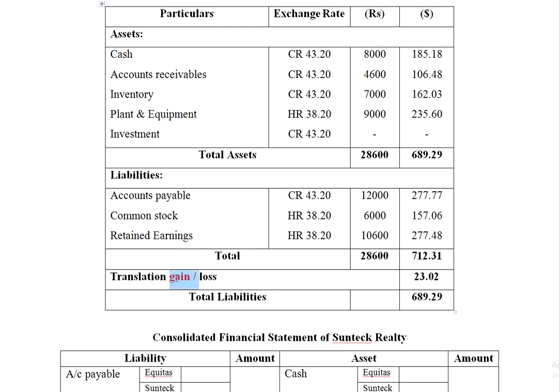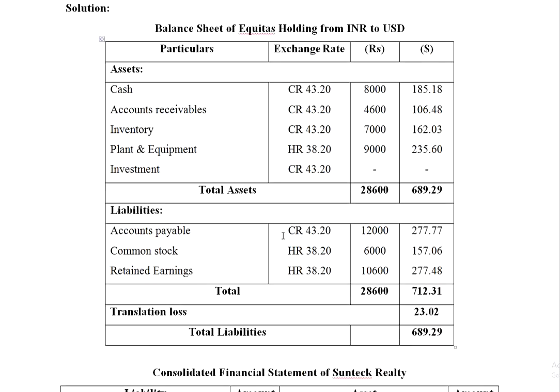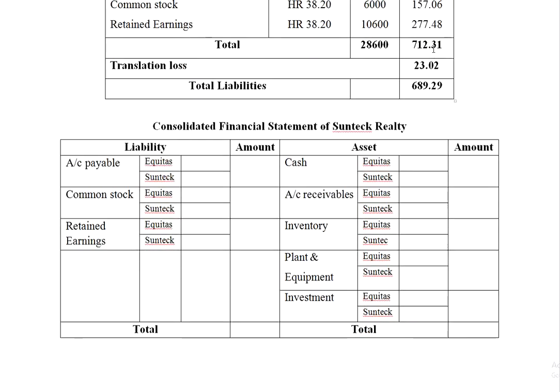So it is a translation loss, right? So this is the balance sheet of Equitas Holding, which has been converted from rupees to dollars. Right now we have to prepare the consolidated balance sheet by using these values, and we have converted this balance sheet of Equitas Holding into dollars.